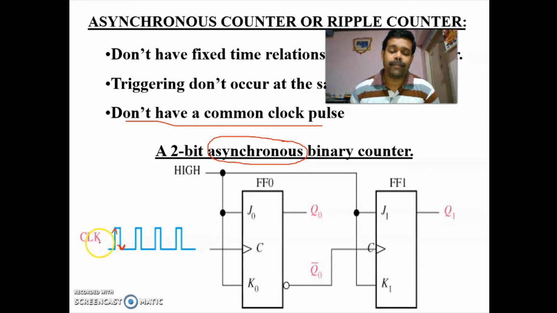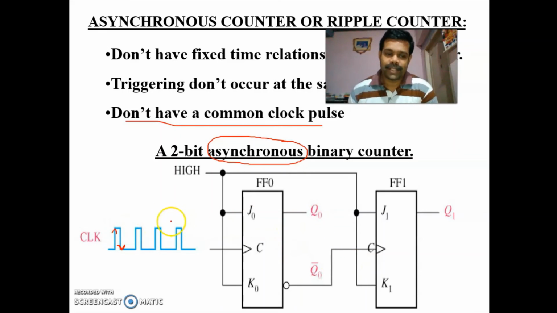If you make the flip-flop change its state at the positive edge, it is called a positive edge triggered flip-flop. If at the negative edge, it is called a negative edge triggered flip-flop. If you make the flip-flop change its state at this level, it is called a level triggered flip-flop.